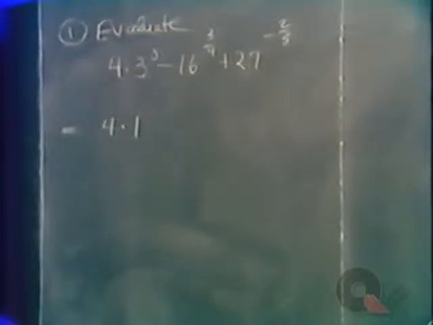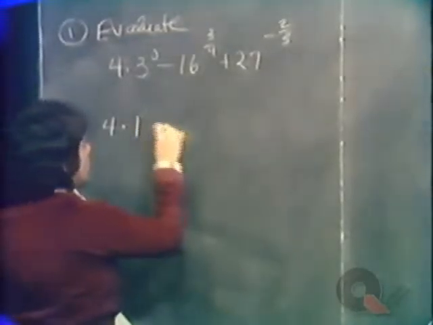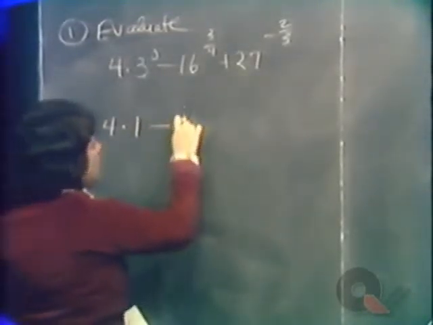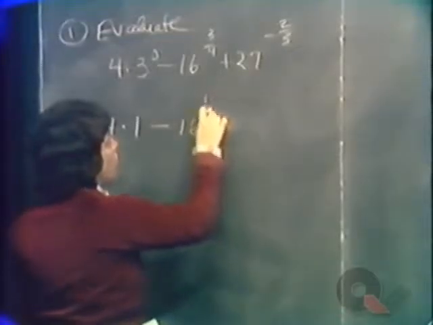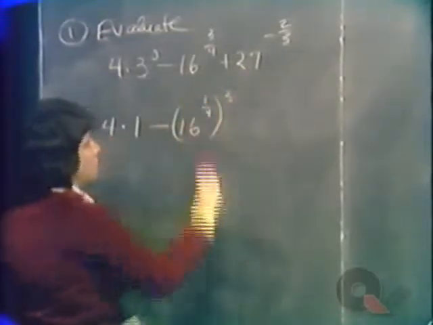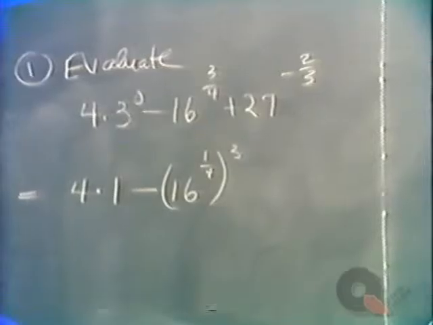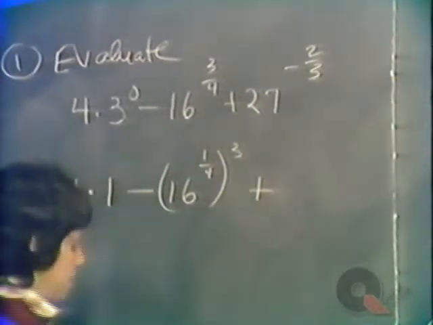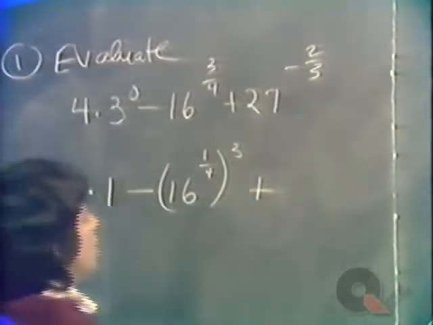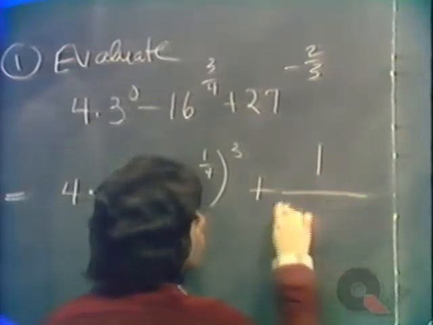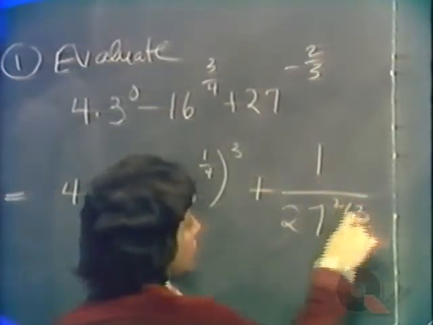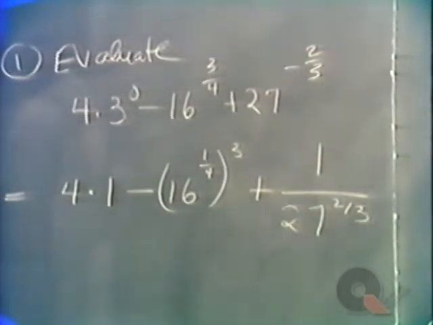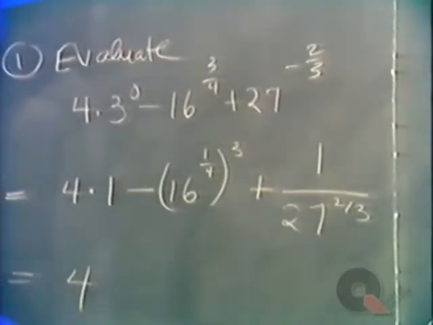Okay, minus 16 to the 3/4. This is 16 to the 1/4 raised to the 3rd power, plus 27 to the minus 2/3 can be rewritten as 1 over 27 to the 2/3 power. This gives us 4.